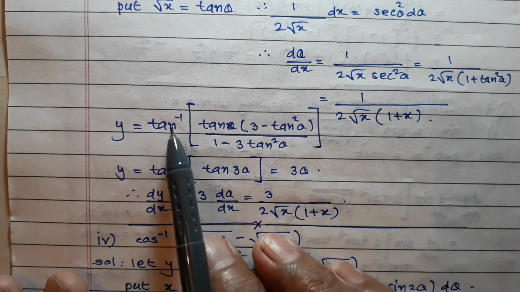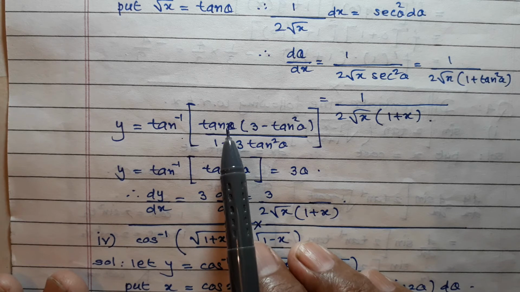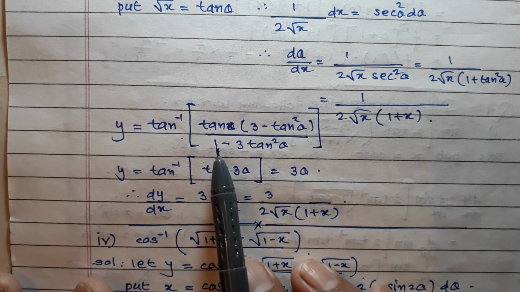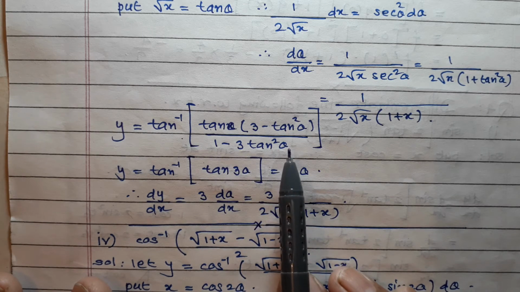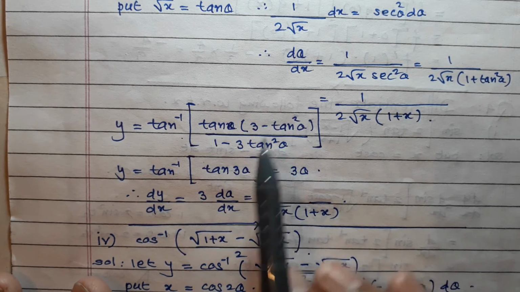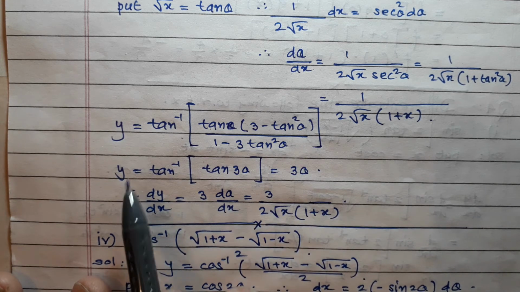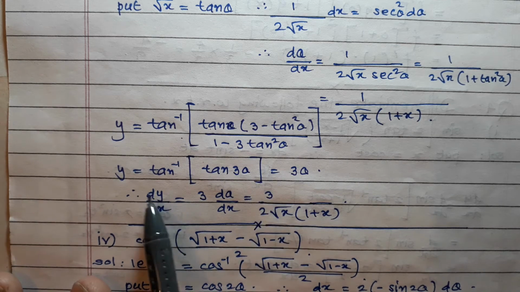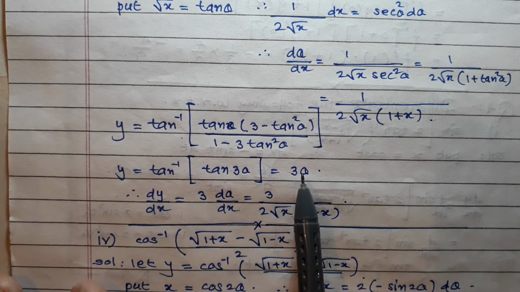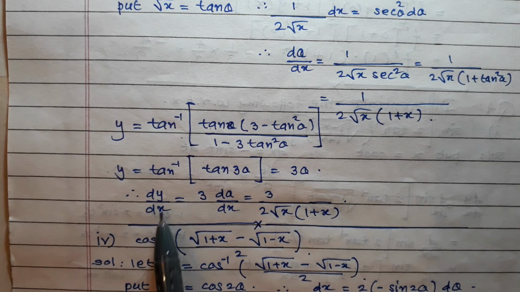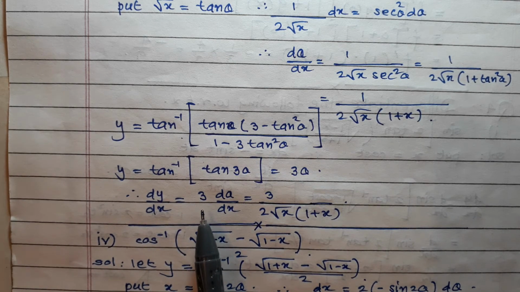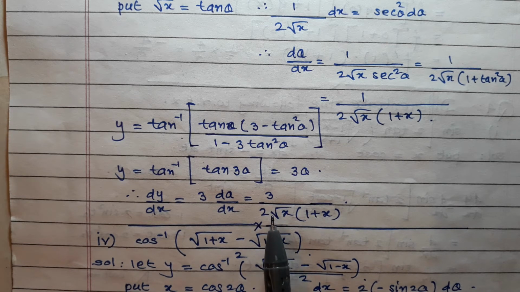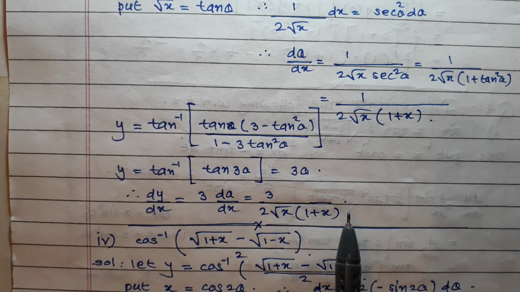Now y is equal to tan inverse tan of bracket (3 minus tan square theta) upon (1 minus 3 tan square theta), and this is equal to tan 3 theta. So y is equal to tan inverse tan 3 theta, and therefore y is equal to 3 theta, and dy/dx is equal to 3 d theta/dx. So 3 upon 2 root x into (1 plus x).